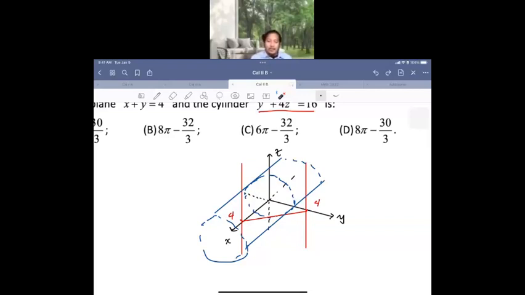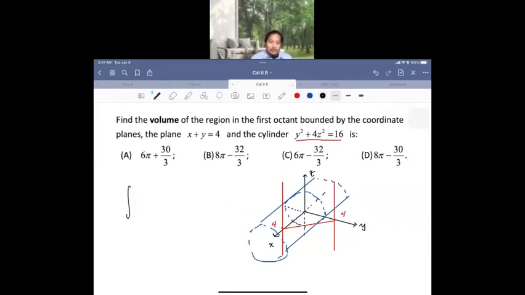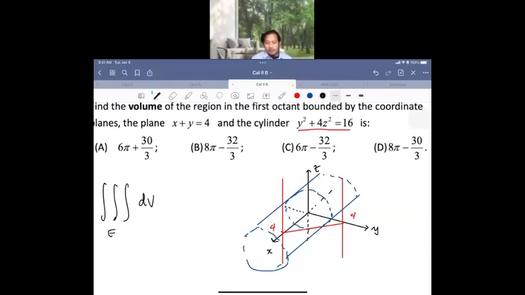If we want to make integrations, we could state that this solid is E, and we could have a dV, that's our objective. We could start from the outside with either x or y, because they both go from 0 to 4.